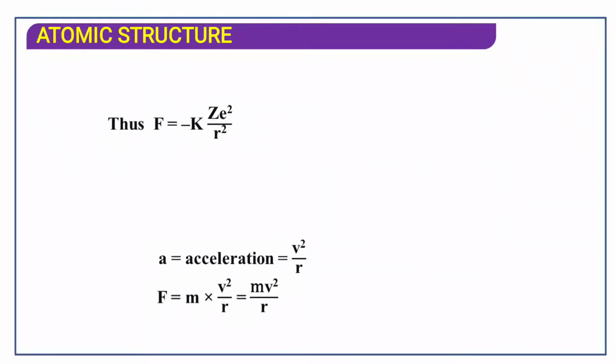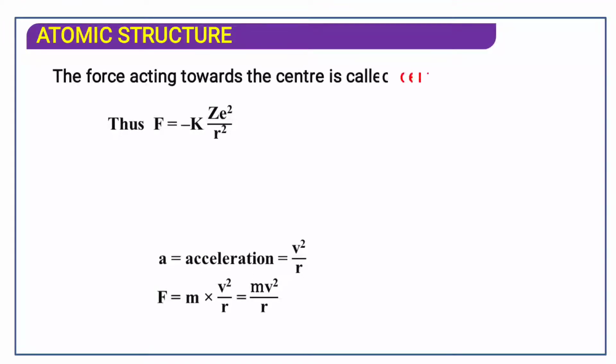Now, what is a? Acceleration. F is equal to mass into acceleration, and acceleration is nothing but v square upon R. So ultimately F is equal to mv square upon R. We can substitute this value in F, as the force toward the center is the centripetal force, we know.